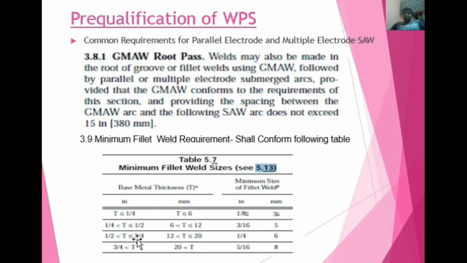Then 1/2 to 3/4 inch, the minimum weld size is 6 mm. If T is more than 3/4 inch, meaning more than 20 mm, then you have to use a fillet size of 8 mm. This is the very common table we use for AWS D1.1 minimum fillet weld requirements.